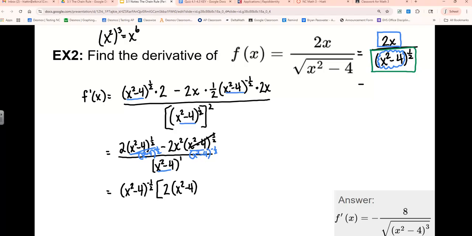On the second term, that just cancels out, and you've got a minus 2x squared. I'm going to leave this as x squared minus 4 to the 1st power, only because I think it clarifies what's happening in the next step. You don't have to put to the 1st power there.